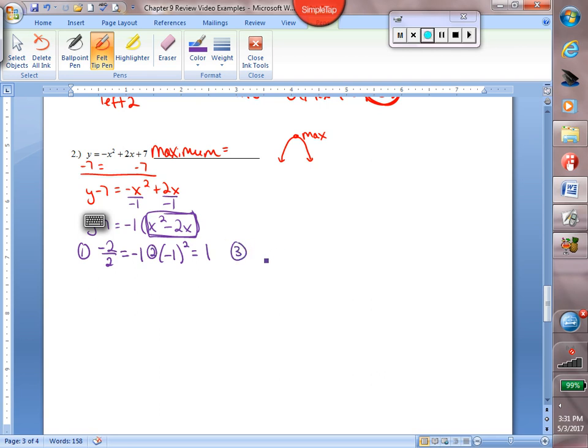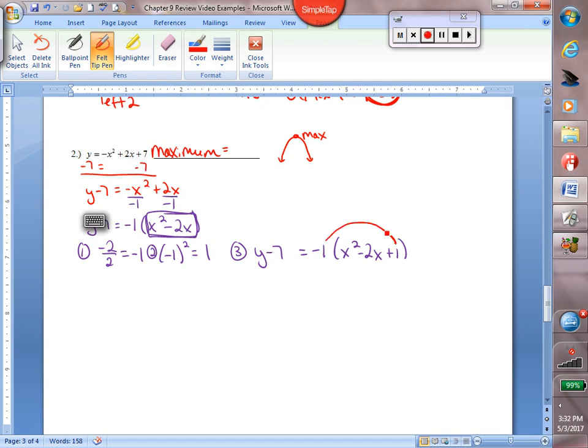Now here's the part that's a little bit different for us. We know at this point that we need to add 1 to complete our square. When we add the 1, however, we're adding it inside the parentheses on the right side. There's a negative 1 in front of those parentheses.